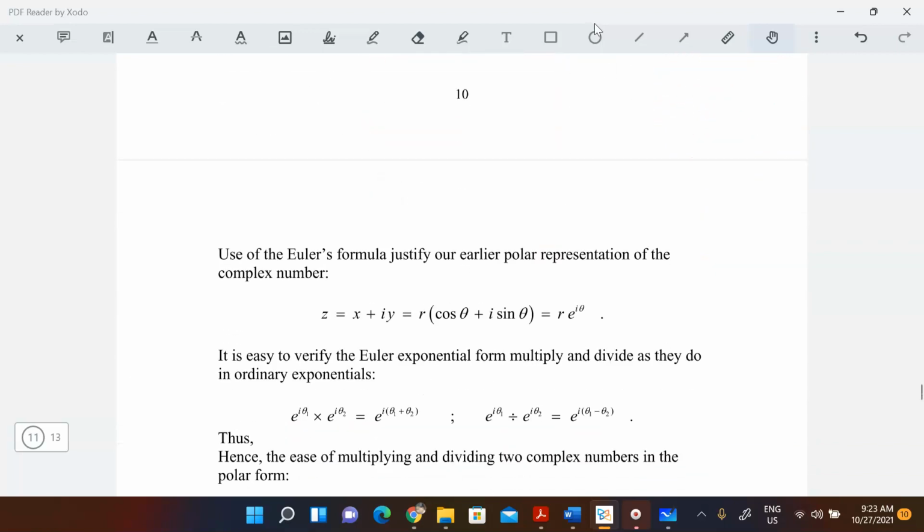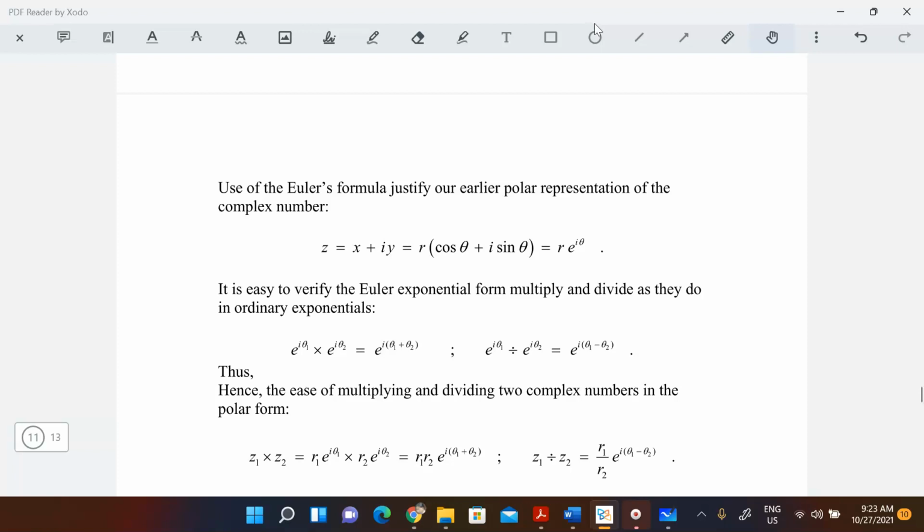So we're going to use the polar form over here to do multiplication. For example, suppose I have r equals 1, then you see the so-called arguments over here will just simply add up. And when you do division, then this thing will be subtracted.